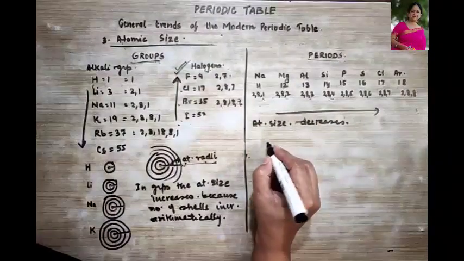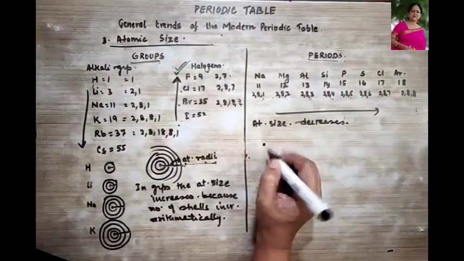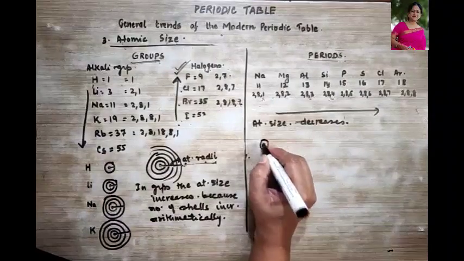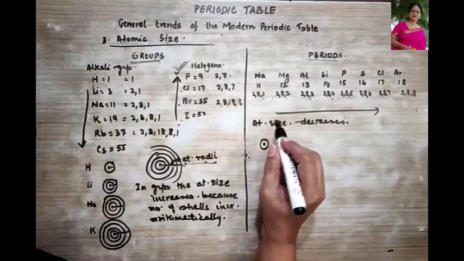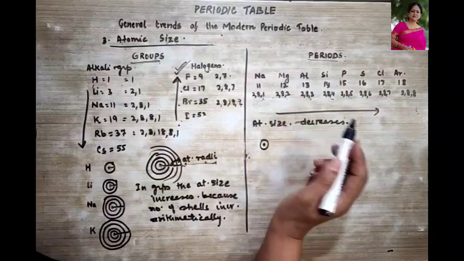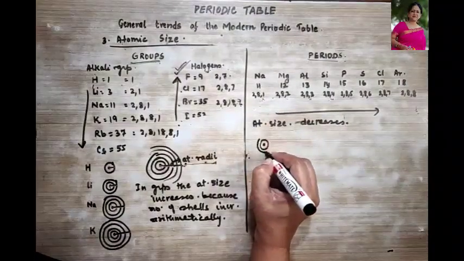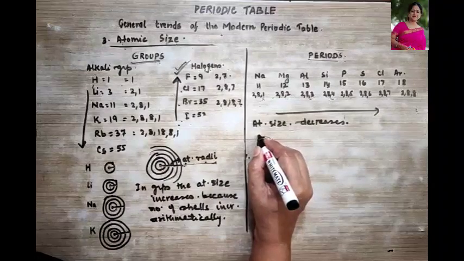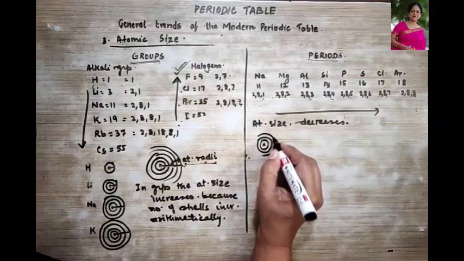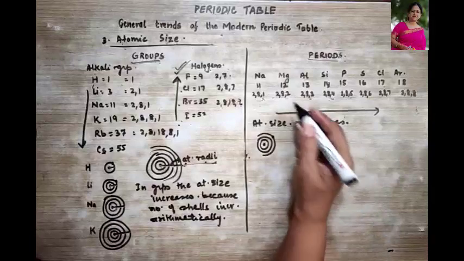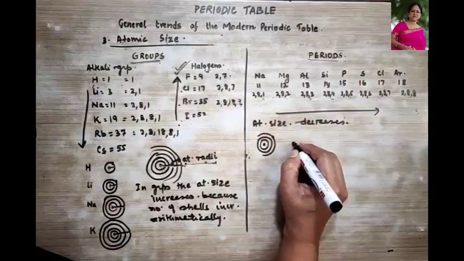Look at sodium. What do we study over here? This is the nucleus. This is the first shell with 2 electrons. Okay, I am just going to show you the valence electron. So 2, 8 and 1. There is 1 electron. So let us talk about magnesium.